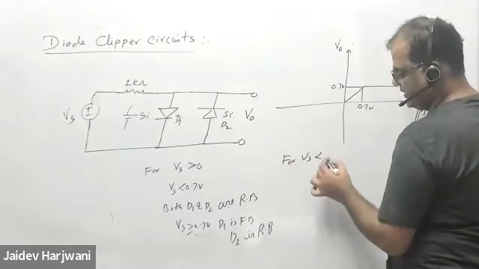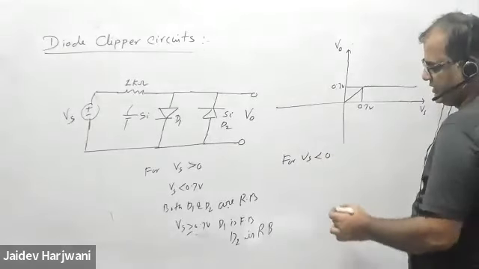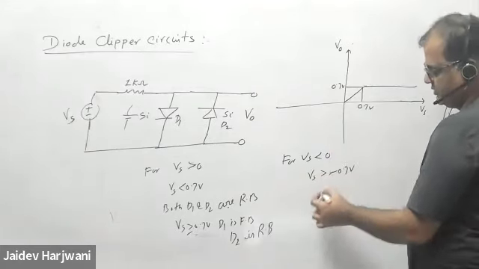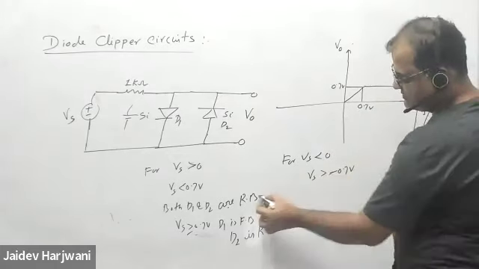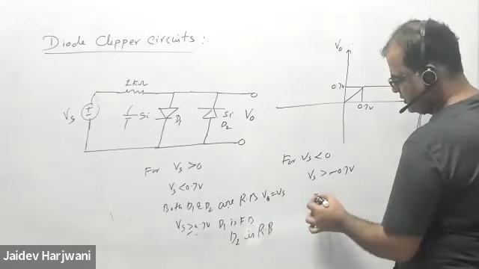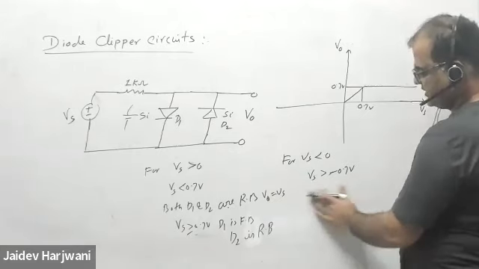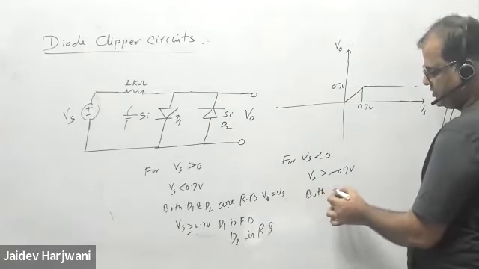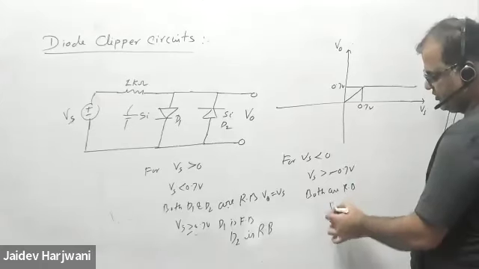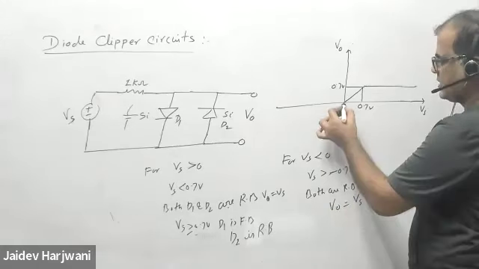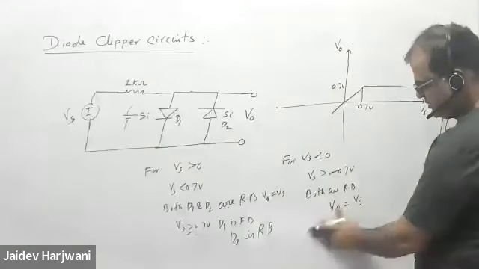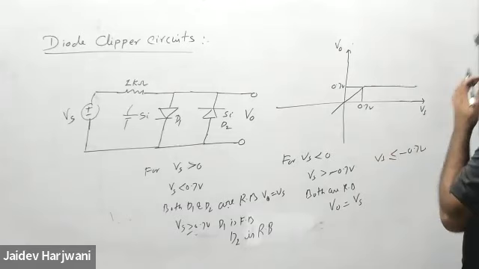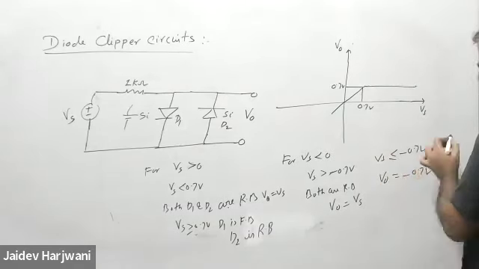For Vs less than 0, the negative part, if Vs is greater than minus 0.7 volt, reverse bias means V naught equals Vs. So when the magnitude of Vs is less than 0.7 volt, both are reverse biased, so V naught equals Vs. And after that, when Vs is less than or equal to minus 0.7 volt, then V naught will be fixed at minus 0.7 volt.